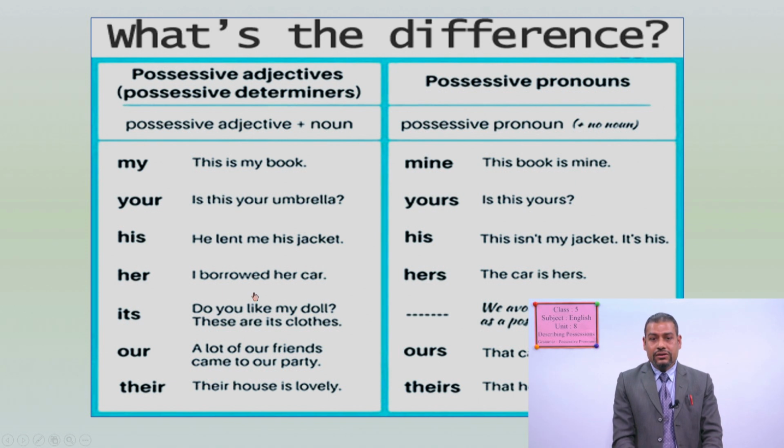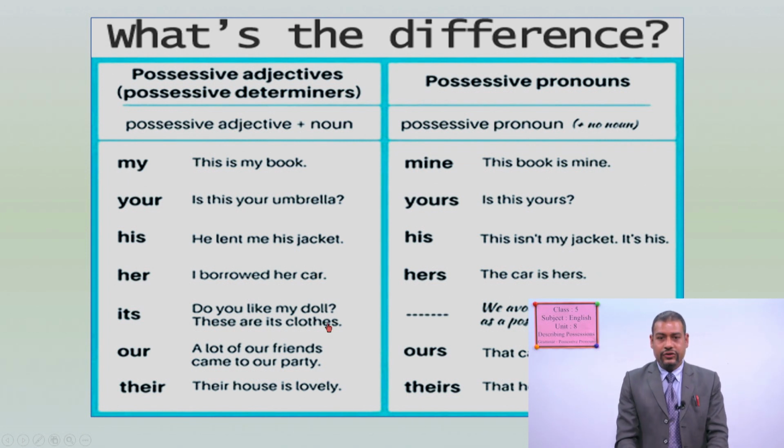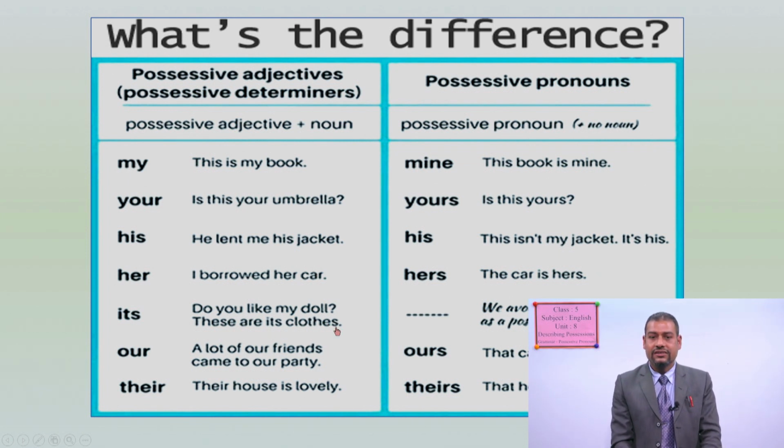Her. I borrowed her car. See, before the naming word car, there is her. That's why it is a possessive adjective. But here, the car is hers. Okay. So after hers, there is no naming word, no noun. Here, do you like my doll? These are its clothes.